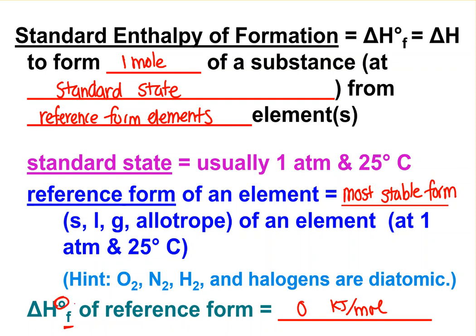By the way, this little degree sign has to do with it being at standard state. Sometimes we leave that off and it's just understood. This is kind of like our floor. This is how thermodynamically we decided where 0 was, and then we'll compare everything else to that.